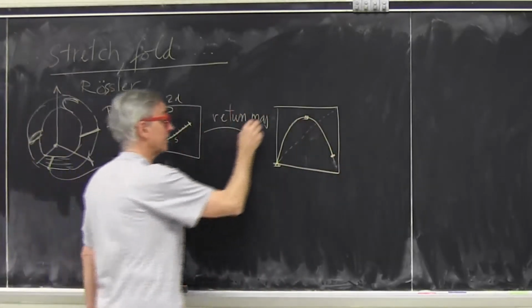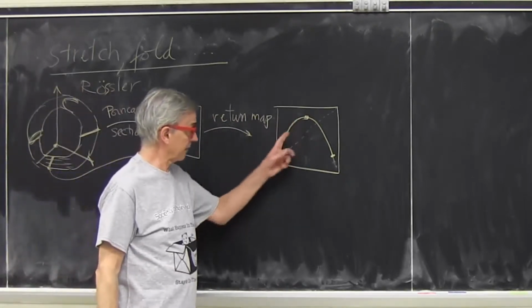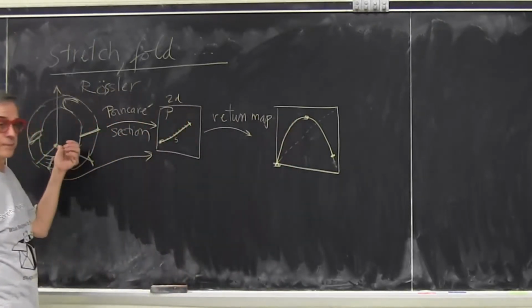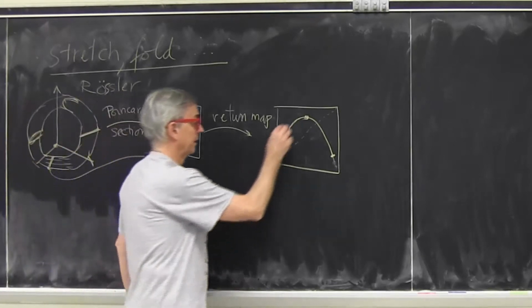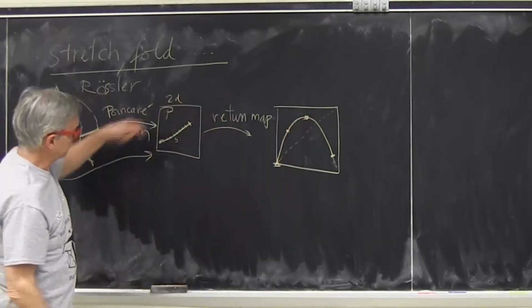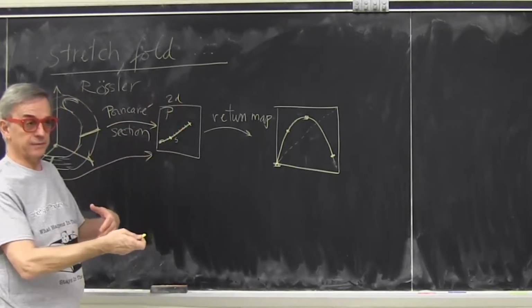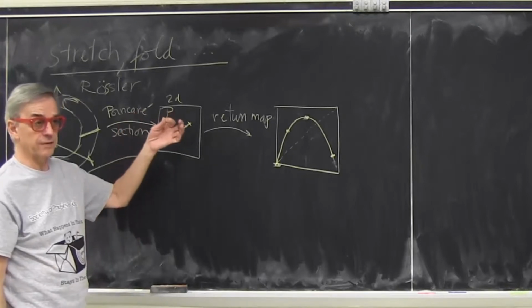And it turns out that if you understand the dynamics on this map, you understand it in the full state space, because any point in this map is actually embedded in a two-dimensional plane, which is embedded in three dimensions. So you have full information.